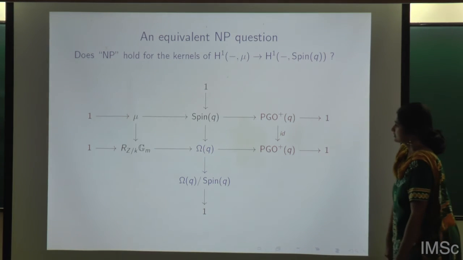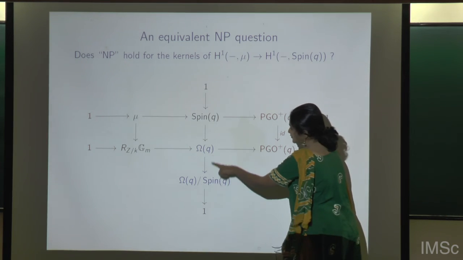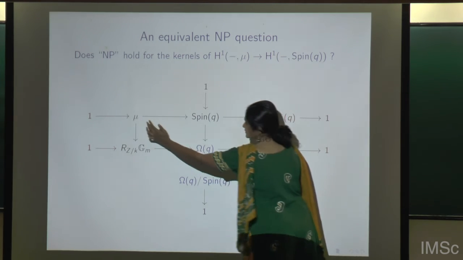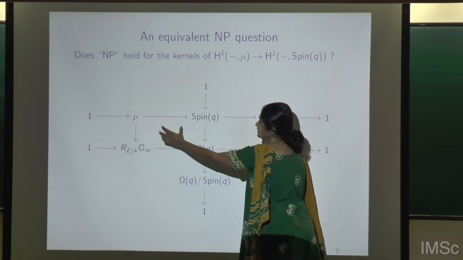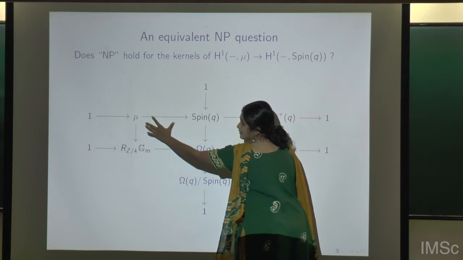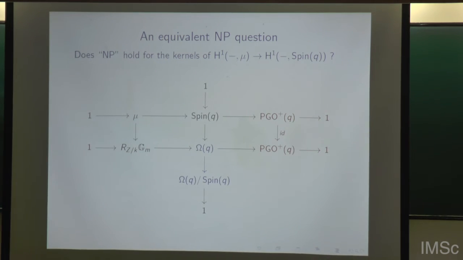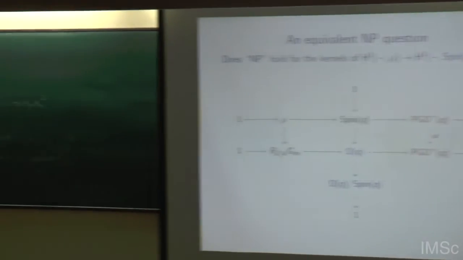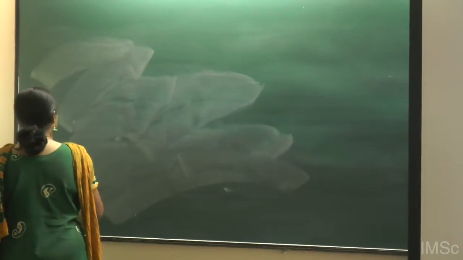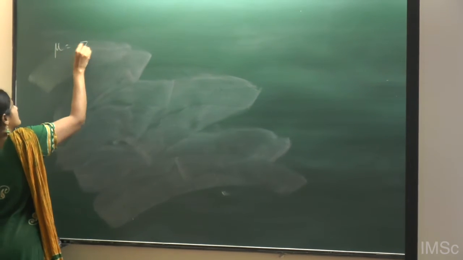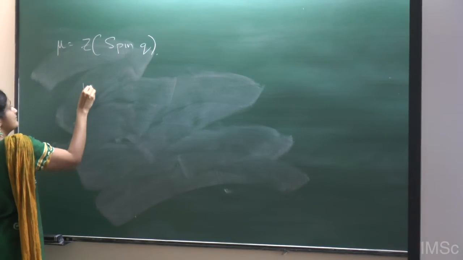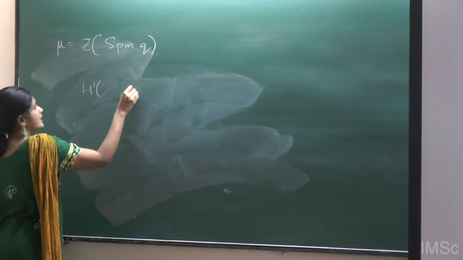You can sort of believe me when I say the norm principle for this question basically becomes a norm principle for the connecting map from PGO plus to H1 mu. And instead of talking about images, you can as well talk about the kernels of this map. So I can restate the norm principle as follows. Mu is the center of spin, and then I have this usual map from H1 mu.